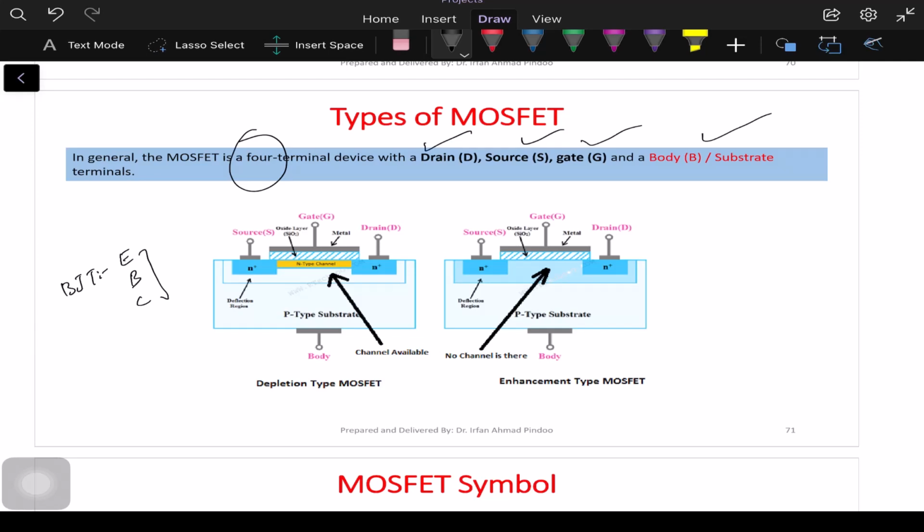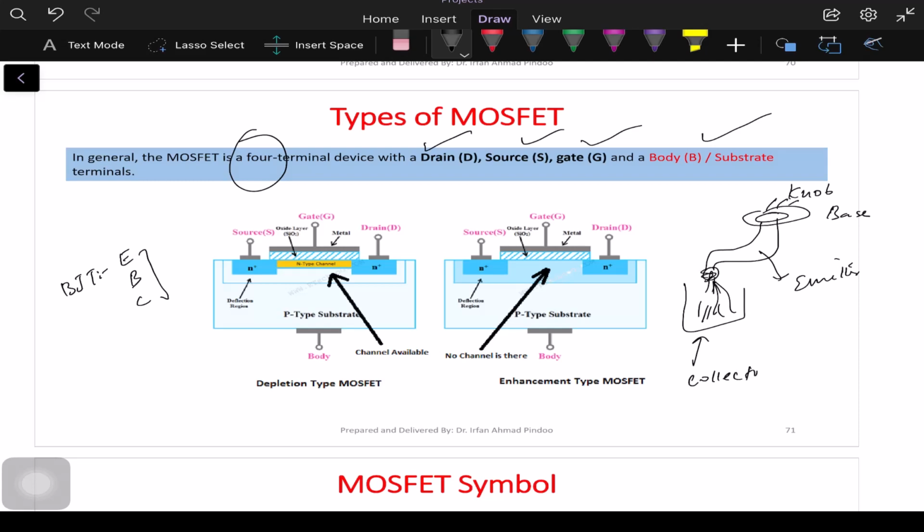If you remember, last time I told you there was one analogy, that water analogy. We had one knob over here, that knob we called base, right? Now the water that was coming from here, we called that emitter, and this bucket which was collecting the water, we called collector.